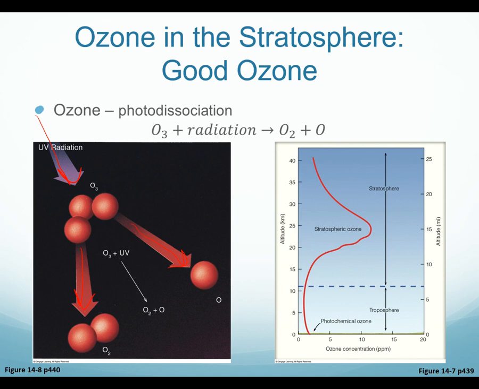So O plus O2. And all of this happens right here in the stratosphere. So the ultraviolet radiation is absorbed by the ozone, and that energy excites the ozone to the point where it breaks apart and forms oxygen, molecular and atomic oxygen.